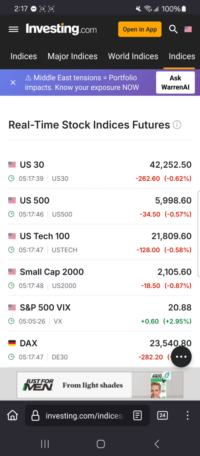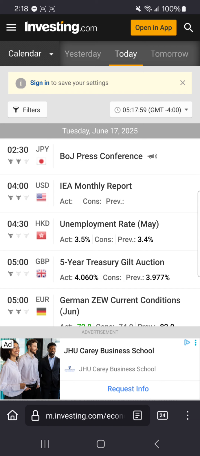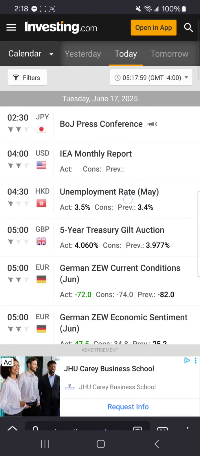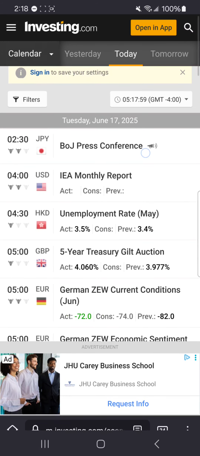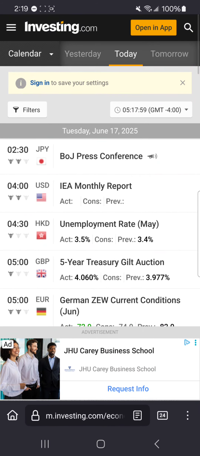Now, we have the Japan interest rate decision coming up at some time, and I never bothered to look when that is, and I see now here on this investing.com market calendar that the press conference, I believe, is in 10 minutes, meaning that we've already had our interest rate decision? Let us go find out.